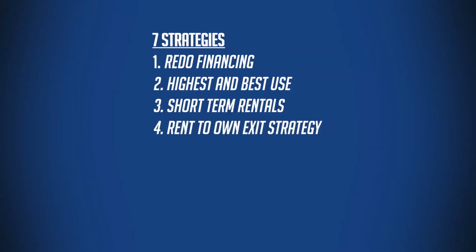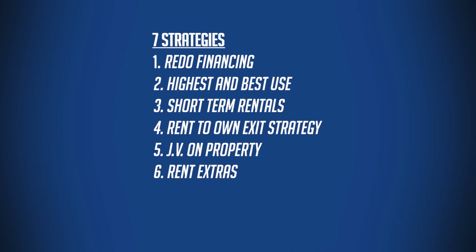Number 4, create a rent-to-own exit strategy on the property that boosts up your cash flow and allows you to sell the asset and then put those funds into something else that makes more sense. Number 5, joint venture on the property with a partner that allows you to push down the loan to value and increase the cash flow of the property. Number 6 is to rent the extras that are connected to that property.